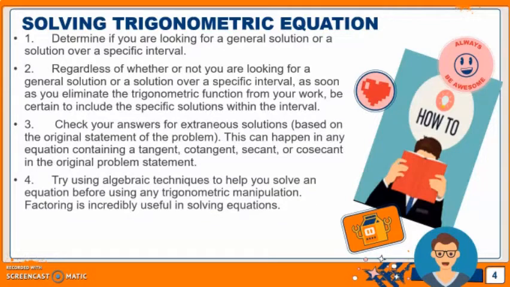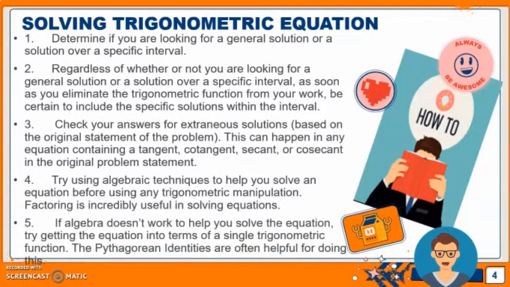Number 4, try using algebraic techniques to help you solve an equation before using any trigonometric manipulation. Factoring is incredibly useful in solving equations. Also, if algebra does not work to help you solve the equation, try getting the equation into terms of a single trigonometric function. Pythagorean identities are often helpful in doing this.